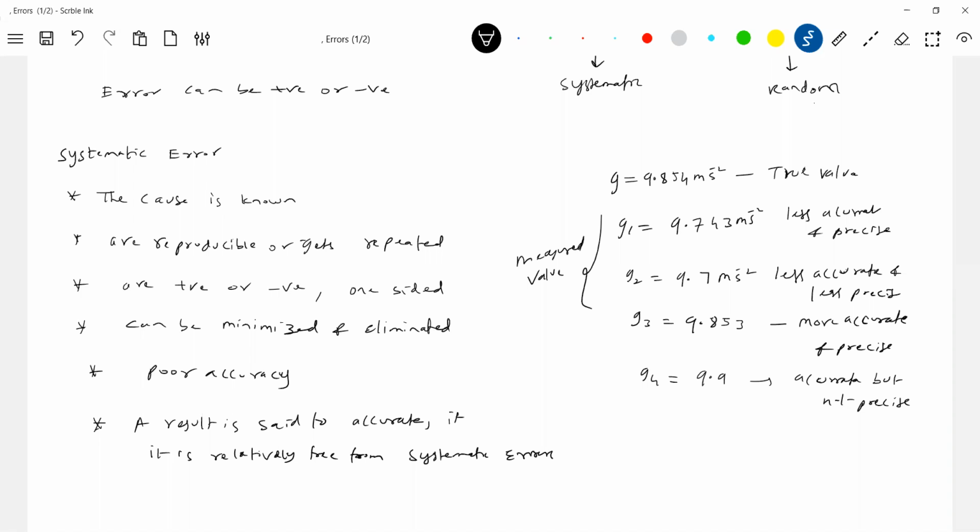Now, it can be positive or negative or one-sided, and can appear on either side of the true value. I'll write down all the things. The third point and what I'm writing are the same: can appear on either side of the true value.